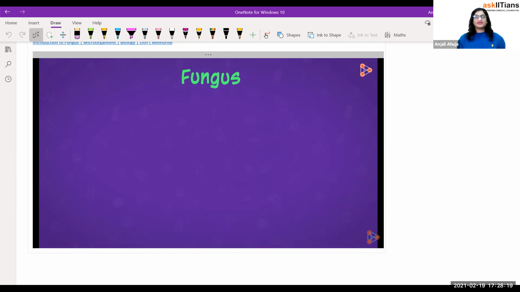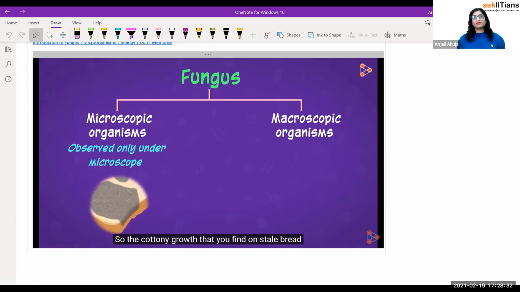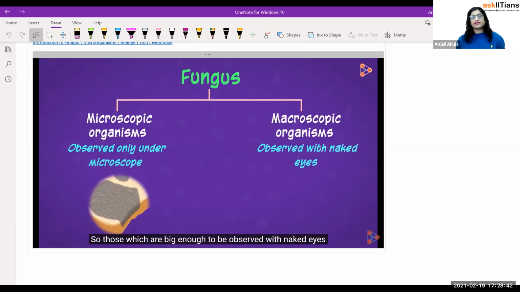Many organisms together. The group consists of microorganism and macroorganism structure. What do you mean? Microscopic are the ones that we observe under the microscope, and macroscopic are the bigger ones that we actually see. Yeast is also microscopic, as in we need a microscope to study it.